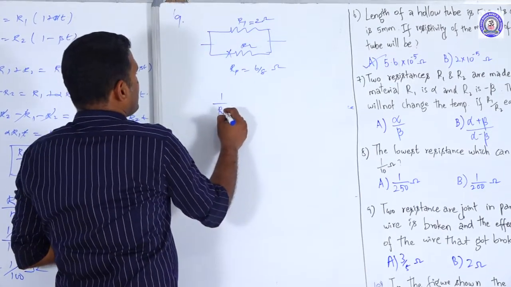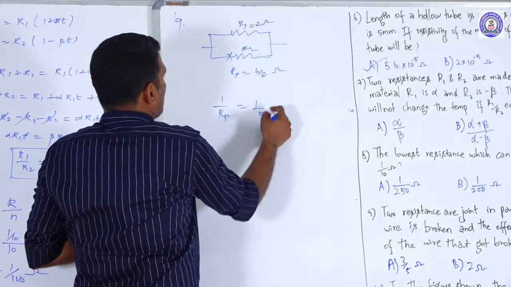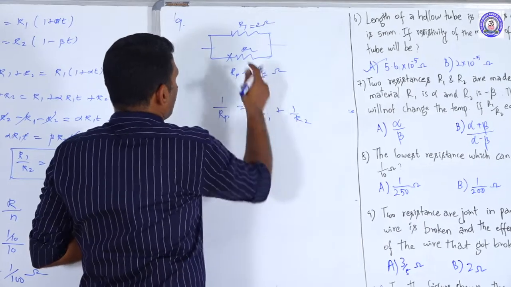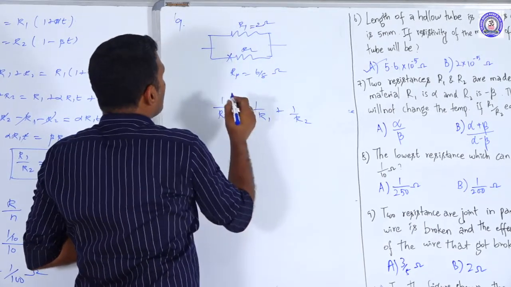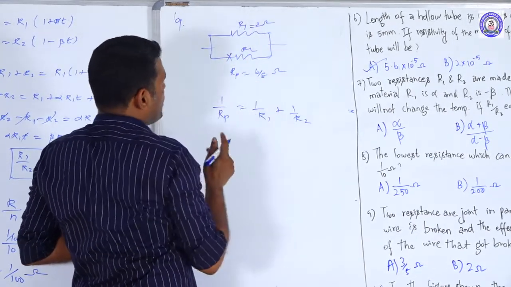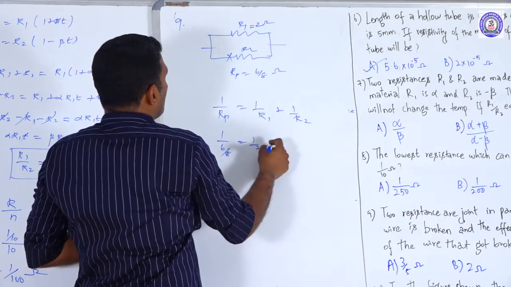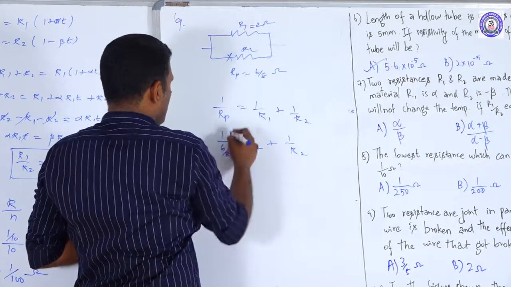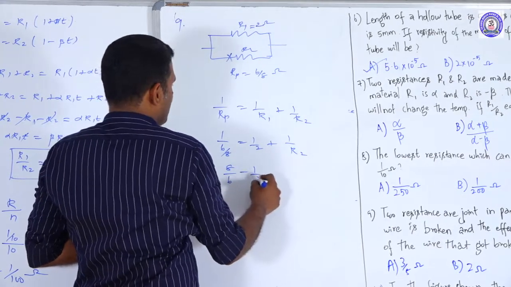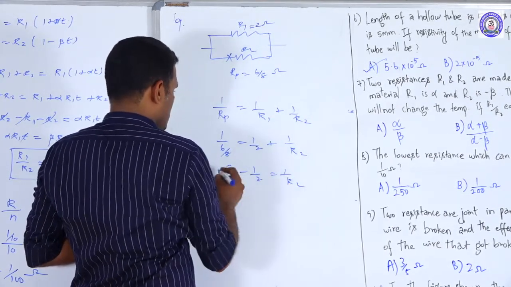I can write 1 by Rp equals 1 by R1 plus 1 by R2. I consider R2 is broken. R1 has the value 2 ohm. So 1 by 6 by 8 equals 1 by 2 plus 1 divided by R2. So 8 by 6 minus 1 by 2 equals 1 by R2.